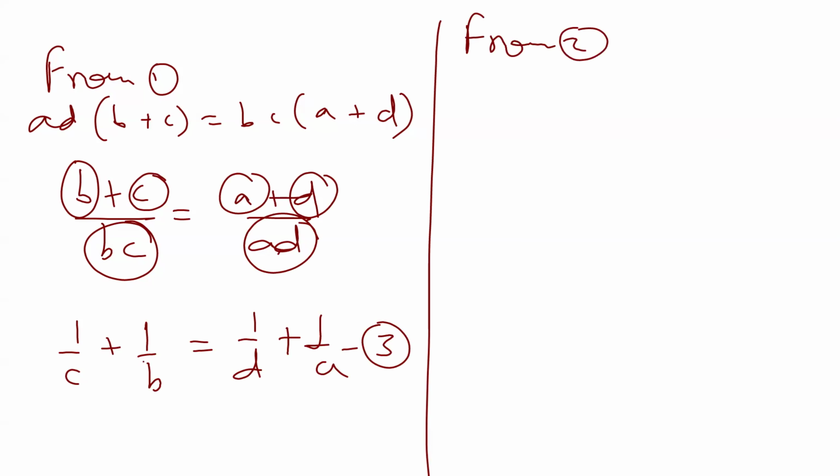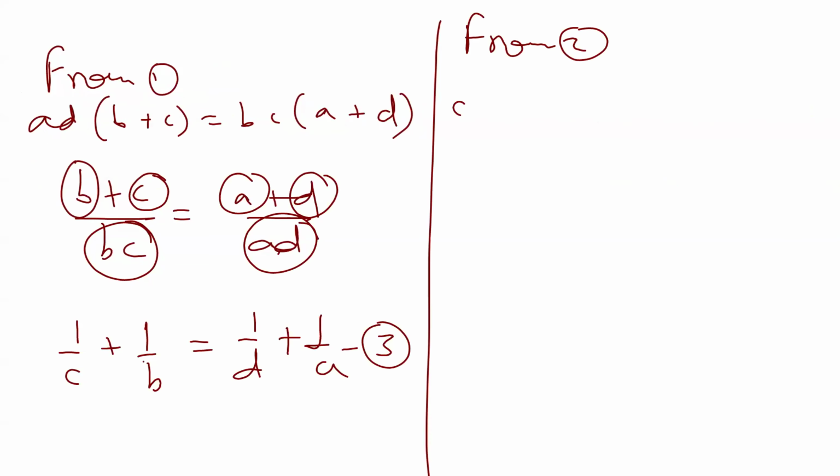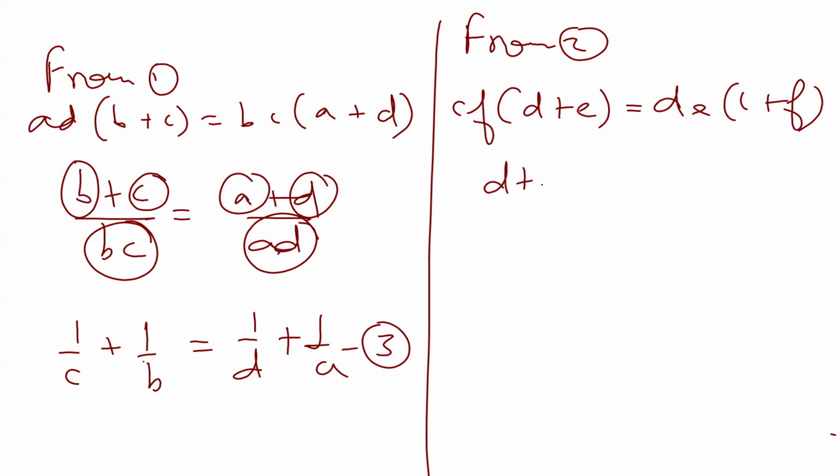From 2, CF(D plus E) equal to DE(C plus F). Keep the plus sign in the numerator and group the like terms.